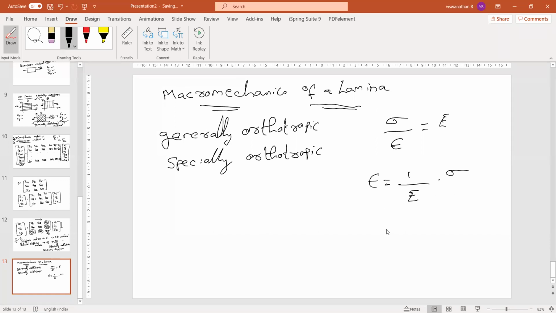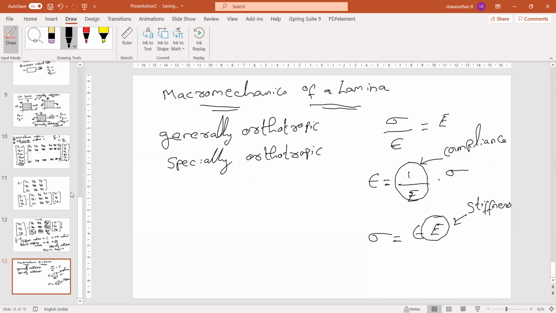So what is stress equal to? What is this one? This becomes the stiffness. Correct? The other one is compliance. This is compliance, this is stiffness.